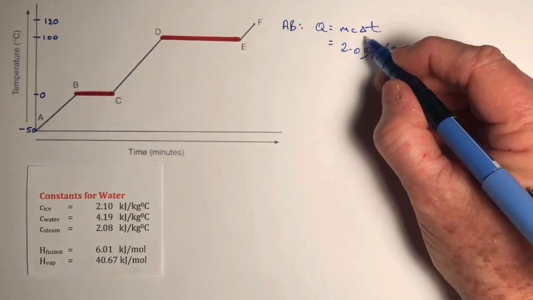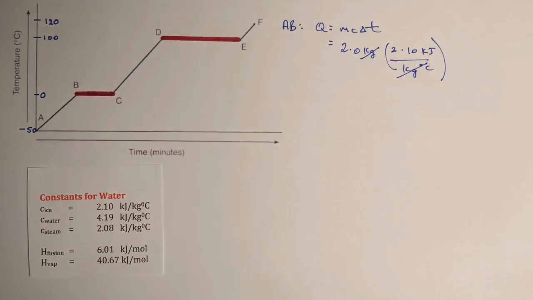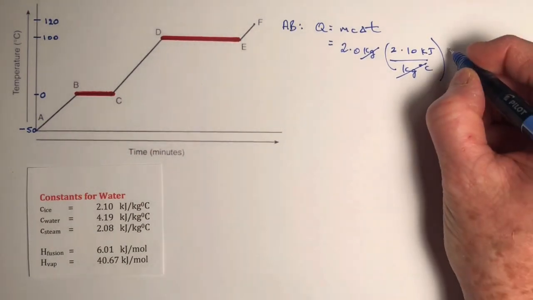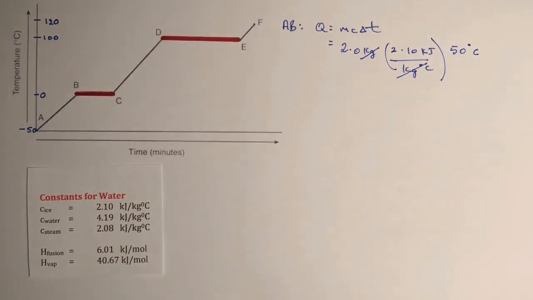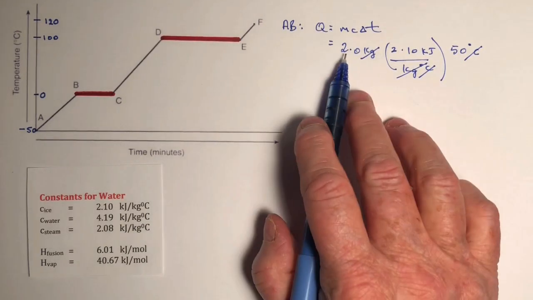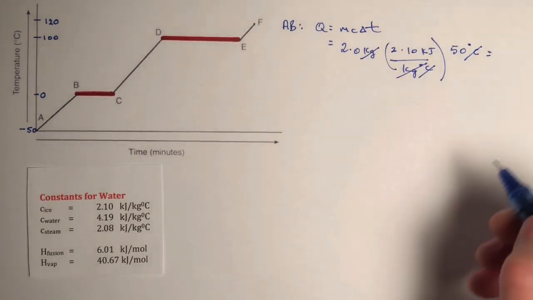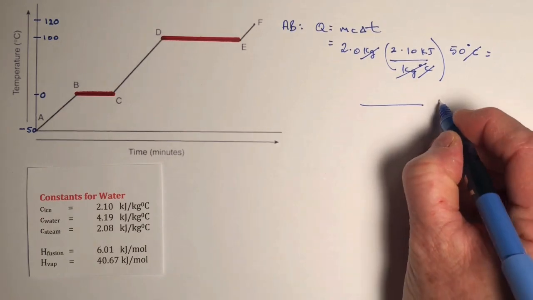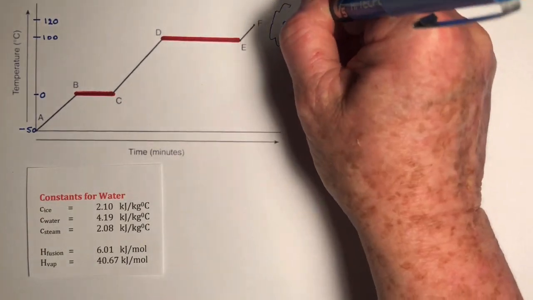And then we have to multiply it by the delta T. The delta T happens to be the difference between 0 and 50, minus 50. So we use absolute values. It's going to be 50 degrees C. We can then cancel the degree C with that degree C, multiply this by this by this. You will get an answer. And you guys can put that answer here, and it'll be in kJs. So that's for the first section right here.